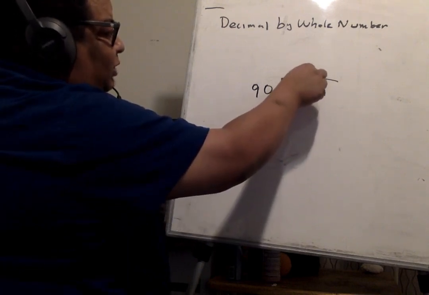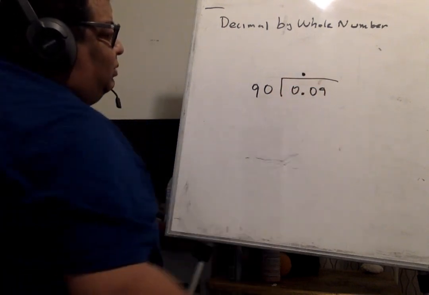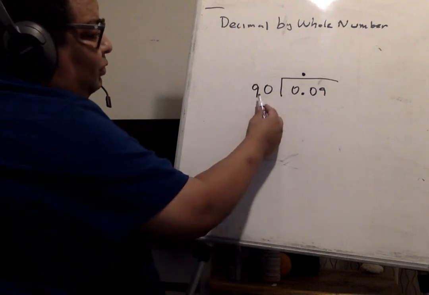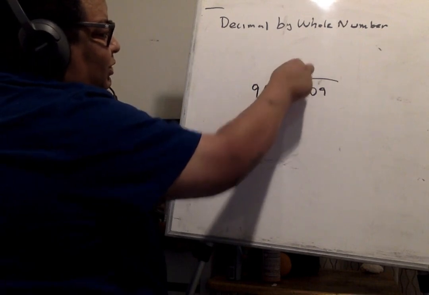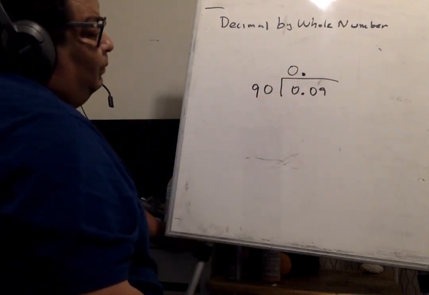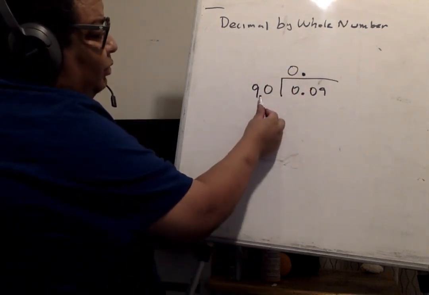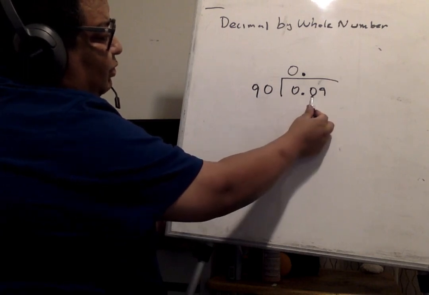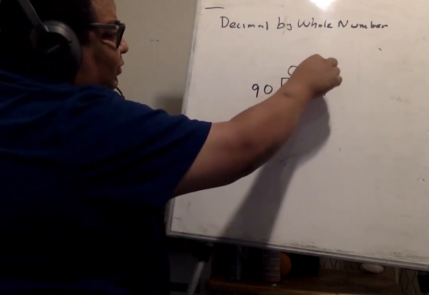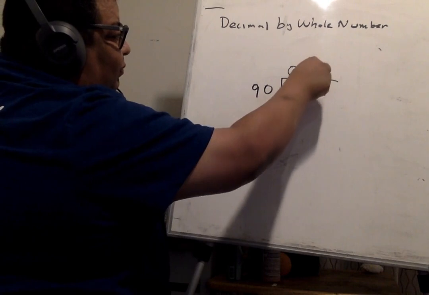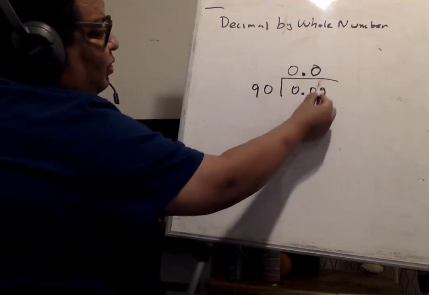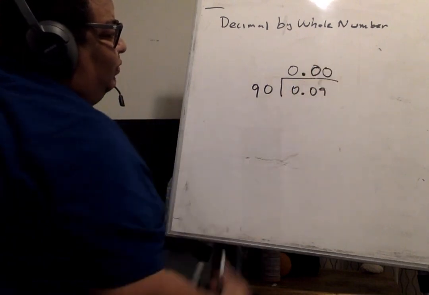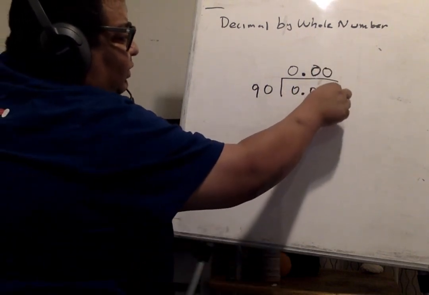First of all, put the decimal point on top of the other decimal point. Now we do it. The 90 goes into 0? No, so put a 0. Now, 90 goes into 0.0? No, so put a 0. Does 90 go into 9? No, put a 0.